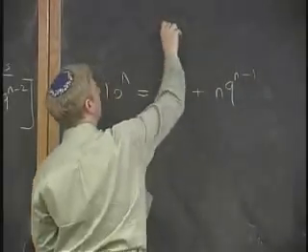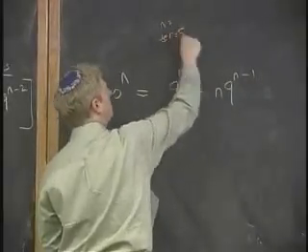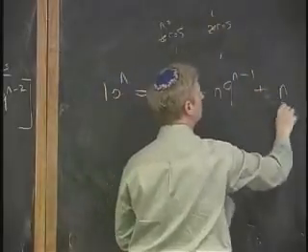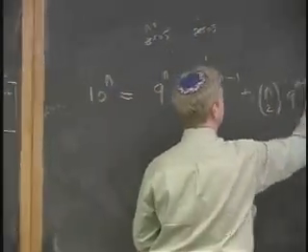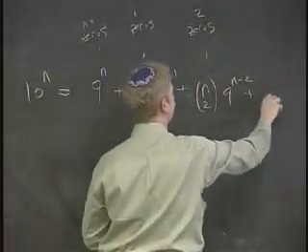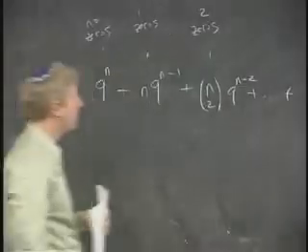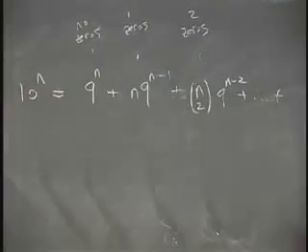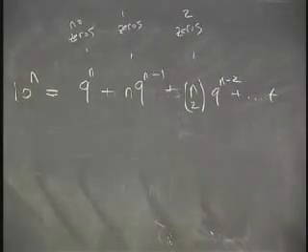And I'll write up here, no zeros. 1 zero. 2 zeros. How far do I go? No zeros, 1 zero, 2 zeros, or n zeros, or they're all zeros.